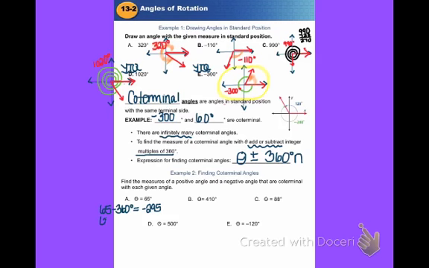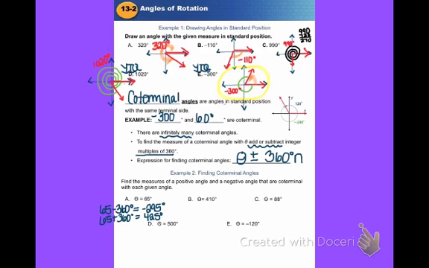And I could also take 65 and add 360 degrees, and that would give me a positive coterminal angle of 425 degrees. There are infinitely many of them, but those are the ones that would be closest to 65. One is going 360 degrees in the negative direction, and one 360 degrees in a positive direction.